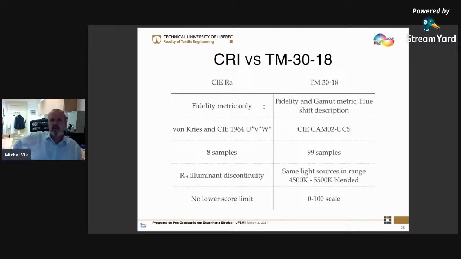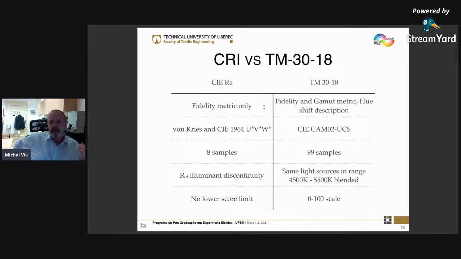And now the question is, what will happen if I have a light source with a correlated color temperature of 4999, and then another one with a correlated color temperature of 5001 kelvins? The difference between them will be only 2 kelvins. Such a difference is a typical computing error for many light sources. But on one side, I will compare it with the Planckian radiator. On the other side, I will compare it with the daylight series. And that is a problem.